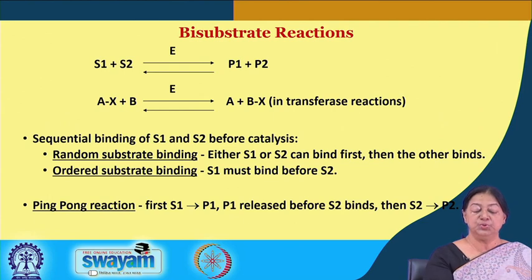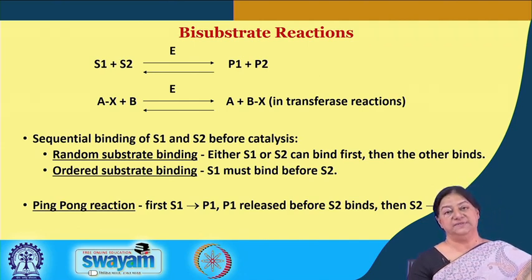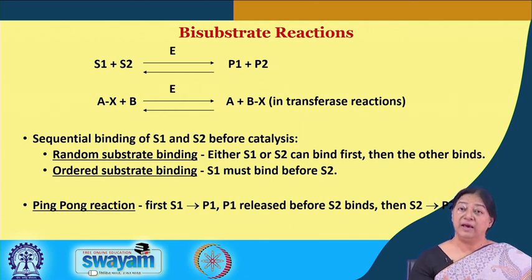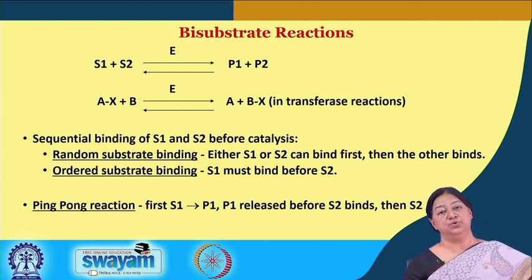There can be sequential binding of S1 and S2, random substrate or ordered substrate. This will depend upon the active site. If it is random substrate binding, it would not matter whether S1 bound first or S2 bound first. But in ordered substrate binding, S1 would have to bind first before S2 can bind.